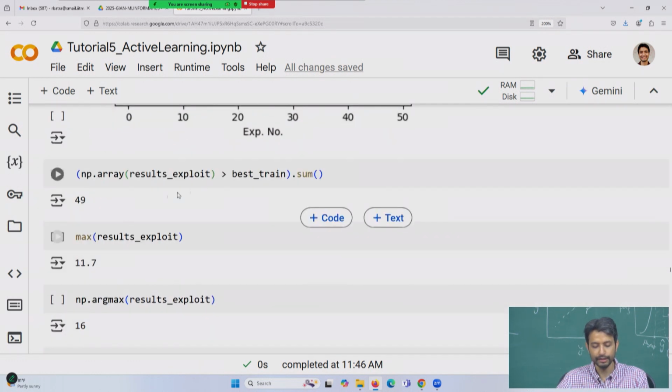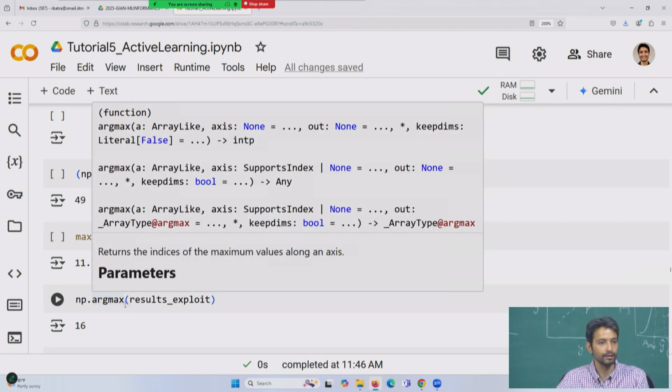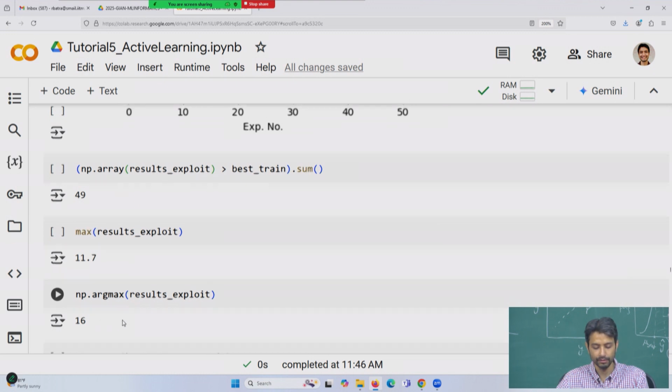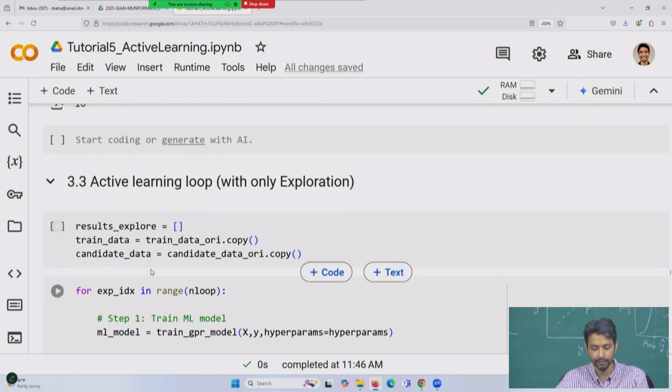And I'm again plotting the same thing. How many experiments out of 50 resulted in a value greater than the starting best candidate, which was around 3 eV? What was the maximum band gap that was found? At what experiment did I find the highest band gap material?